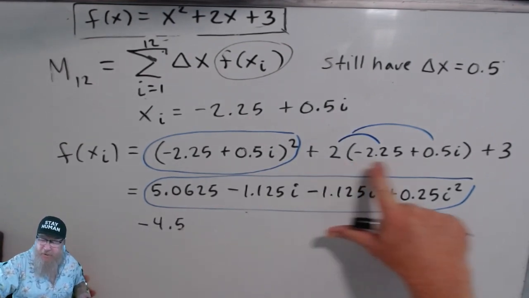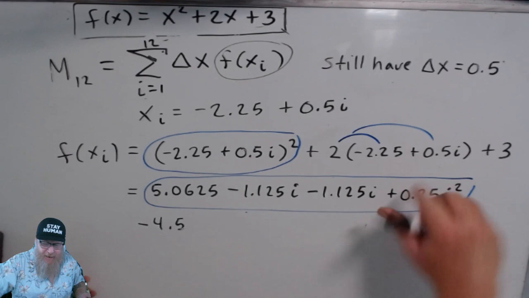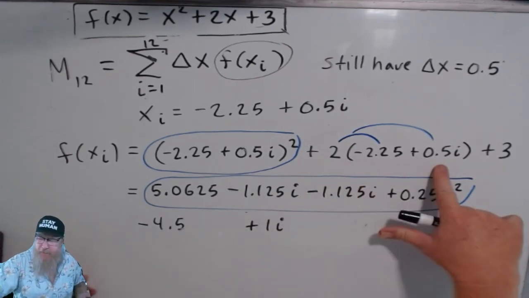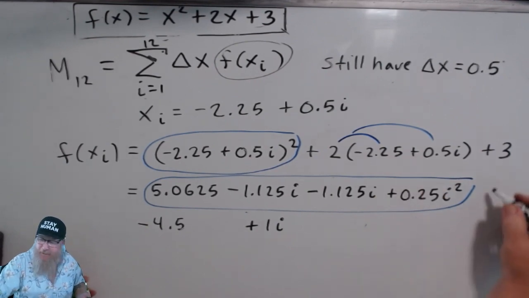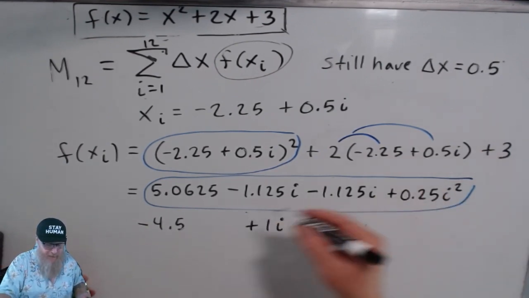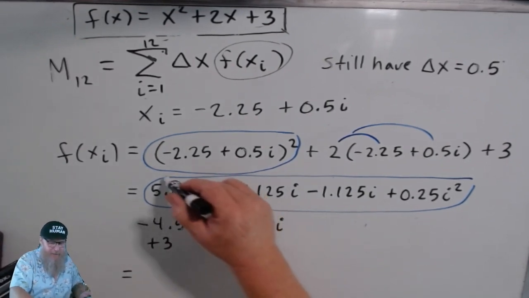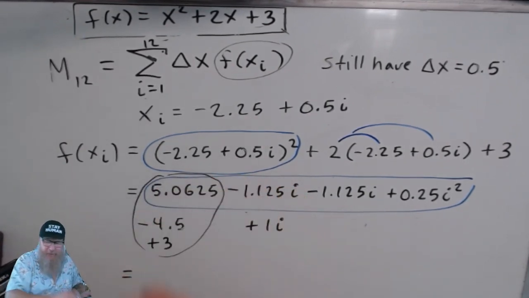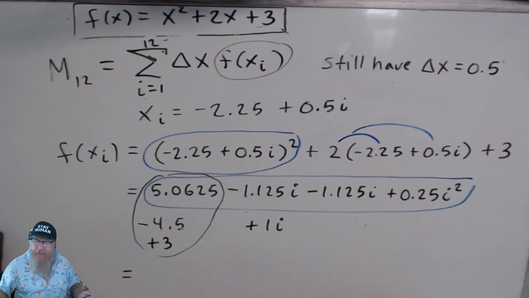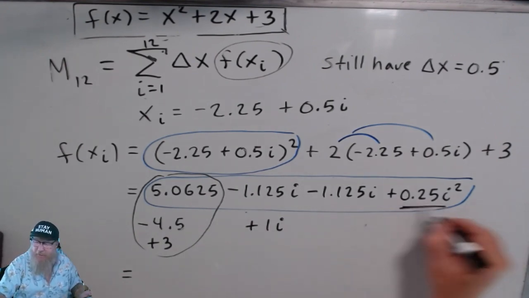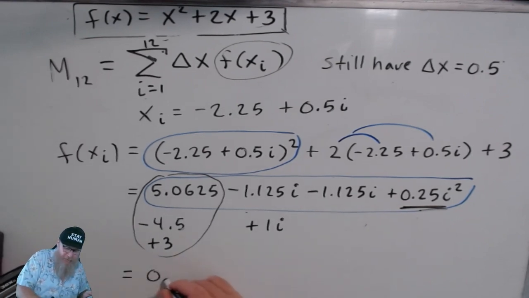And then I've got 2 times 0.5, so that's positive 1i. And then I still have the plus 3. I guess I'll put the plus 3 over here. So all of my constants will combine together. I like to put this in descending order. So let's put the i squared term first.